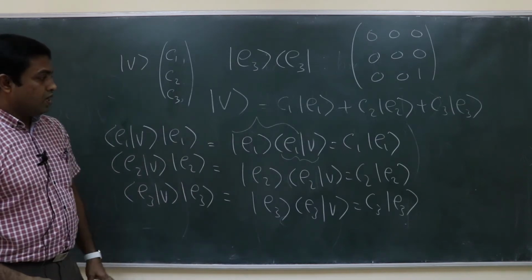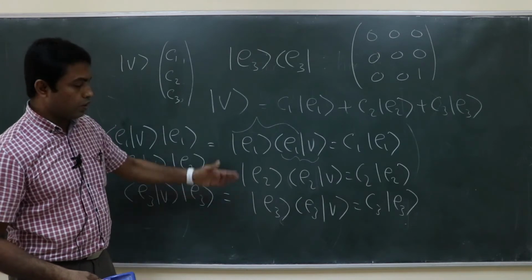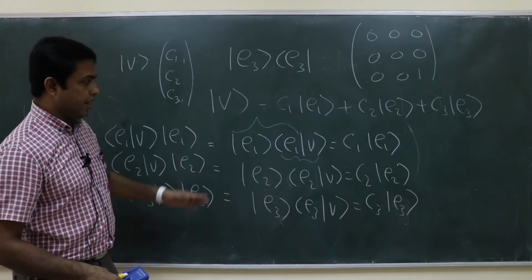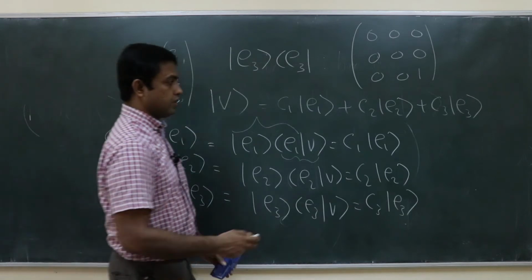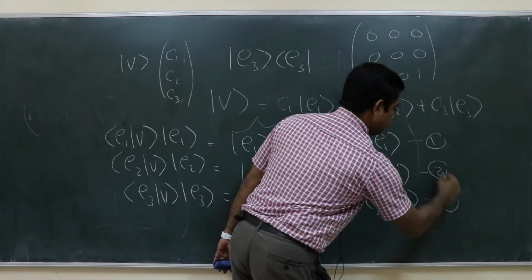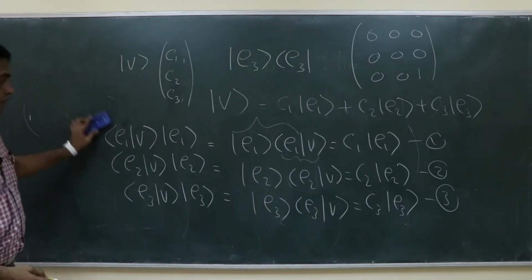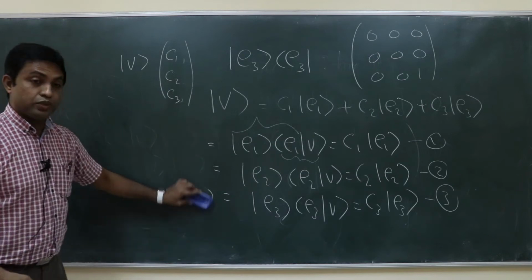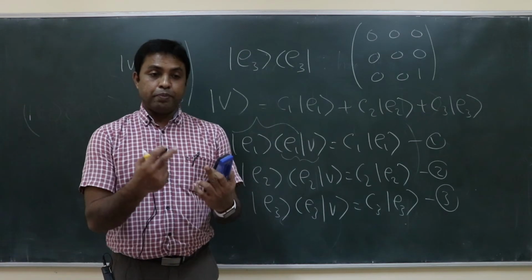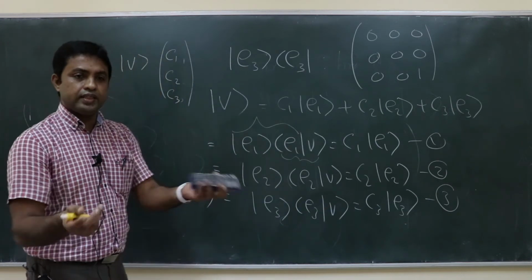Okay, now suppose I add each of these terms, what am I going to get? Suppose these are equations 1, 2 and 3. I will get vector V, right? So if I take a vector and project along the x-axis, y-axis, z-axis and add everything together, I will get the same vector.